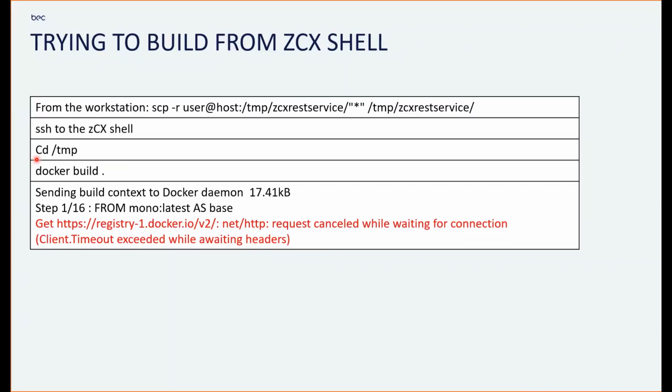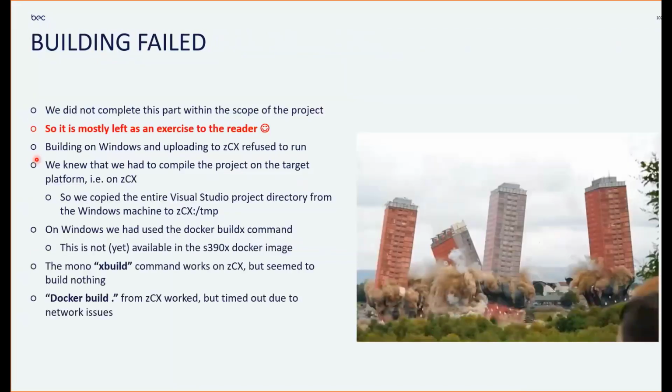So we didn't try to do that. So the build failed. We didn't complete this part of the project, but if you want to go this way, then I'm sure that in your installations, you probably have sharper network people than us.